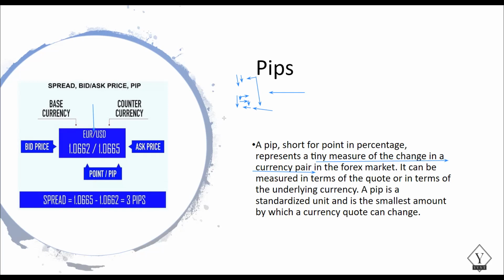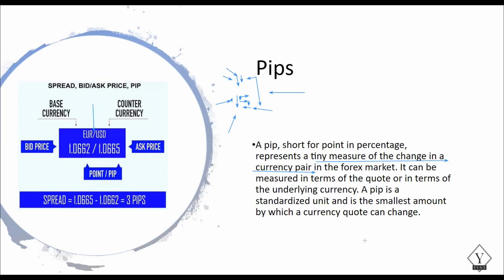It can be measured in terms of code or in terms of the underlying currency, right? As I explained, for example, the underlying currency, which is the rand. We came from 11 rand to 15 rand, so we can calculate the difference between the two. For example, it's going to be 4 rand. But if you calculate in pips, you're also going to get an amount of how many pips the currency moved.